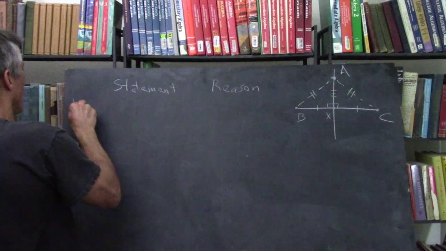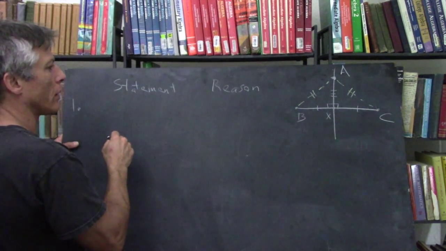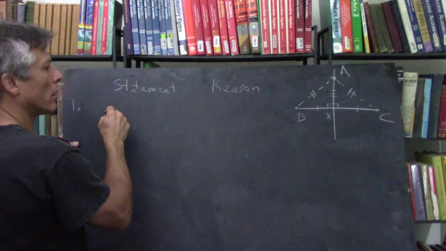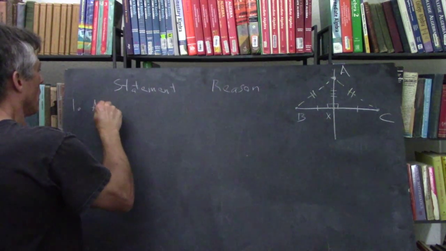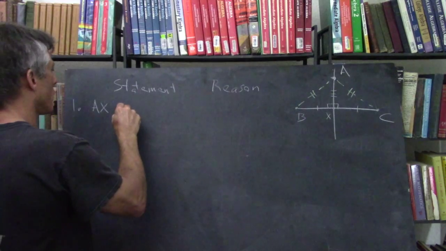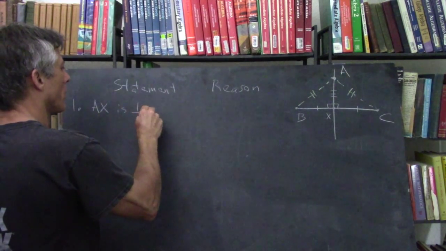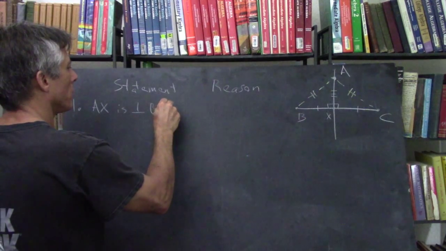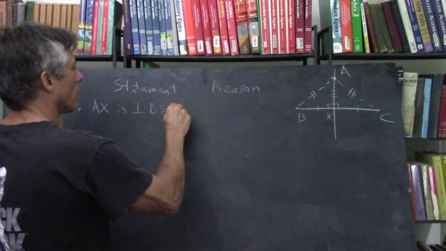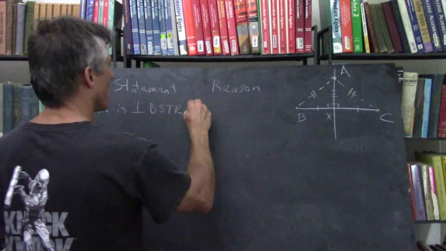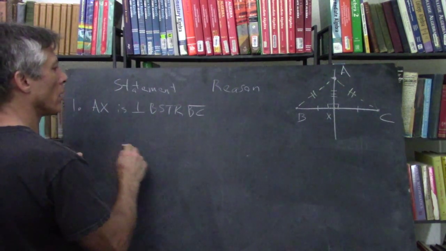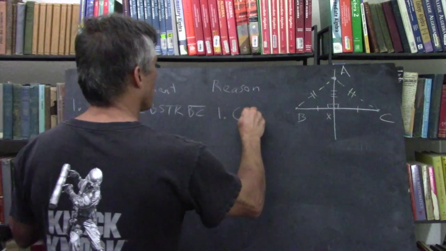So 1. Of course, we put the given, so we know that AX is perpendicular bisector of BC, given.